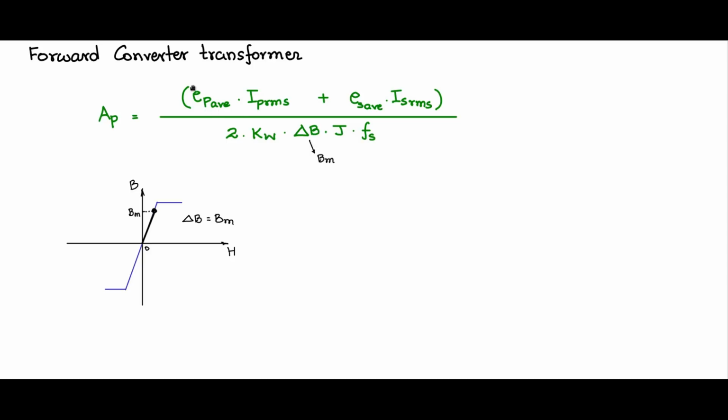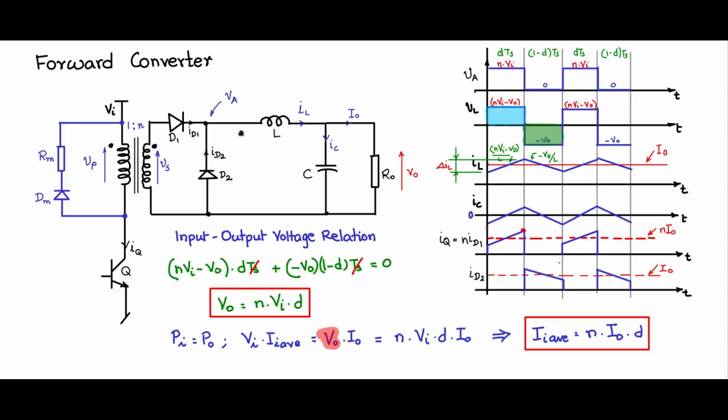And now for the voltages across the primary and the secondary. Let me show you again the waveform that we had drawn for the forward converter. Let us recall that. Observe the voltage across the coils of the forward converter transformer, primary and secondary.